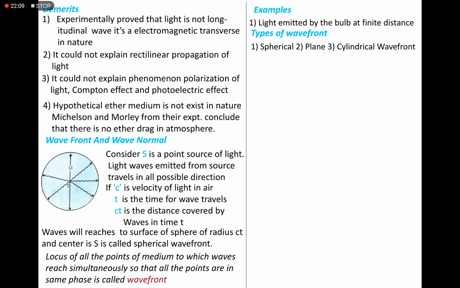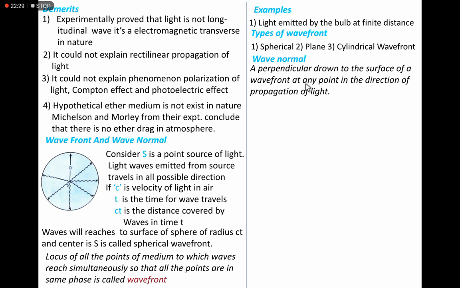This way you can learn these different kinds of wavefronts: spherical, plane, and cylindrical. The explanation of this is not in our book, but the types of wavefronts are in our syllabus.